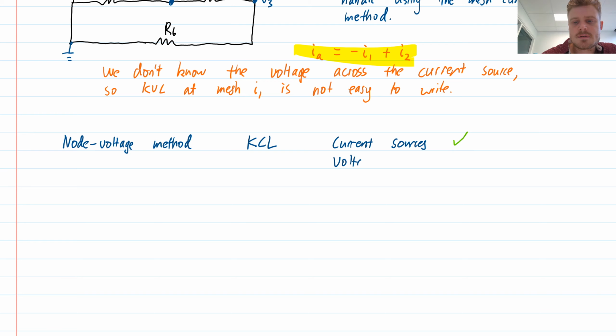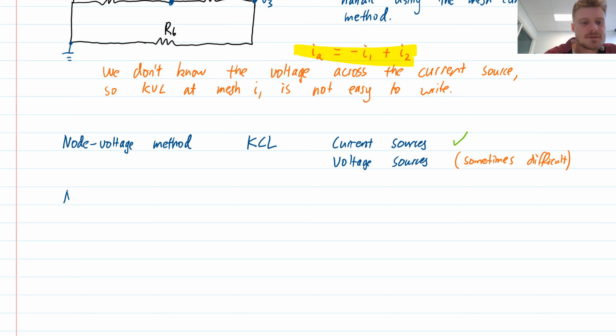Voltage sources are sometimes difficult, depending on the circuit. And that's where the concept of a supernode comes in.